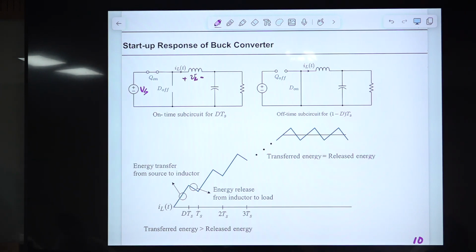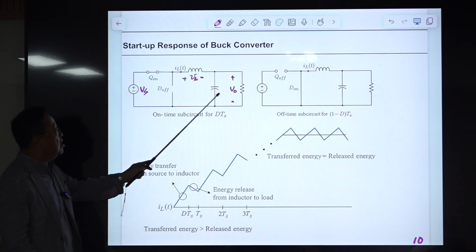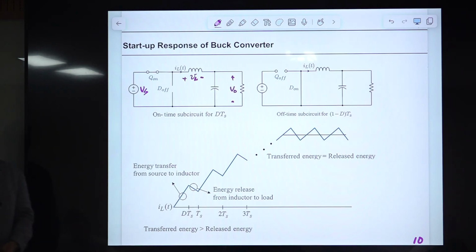Initially, this one might be 0, because no energy content exists in this capacitor. So this voltage is initially 0. For that case, Vs is larger than Vo. This is a fixed value. This is 0.